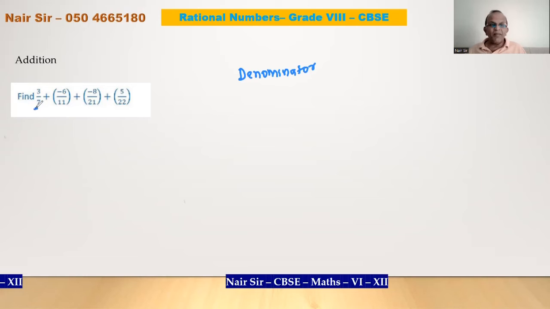This is 7 and this is 21. There is something called regrouping the numbers. And look at this, this is 11 and this is 22. They are multiples. So what I do, I am just going to regroup them.